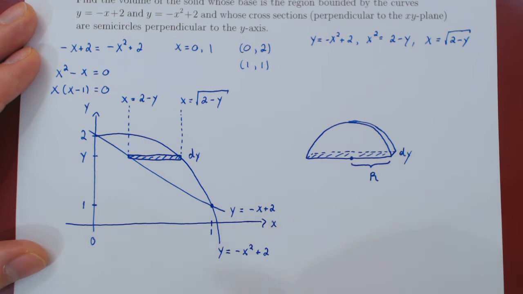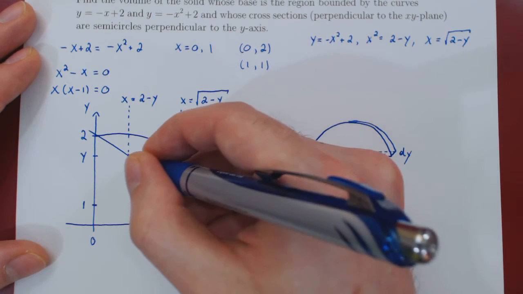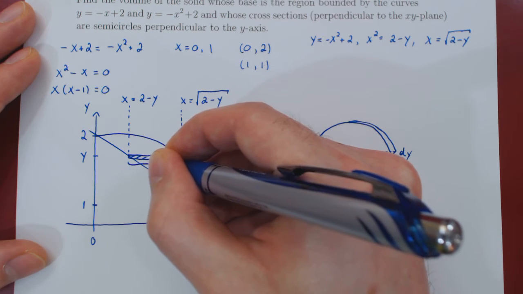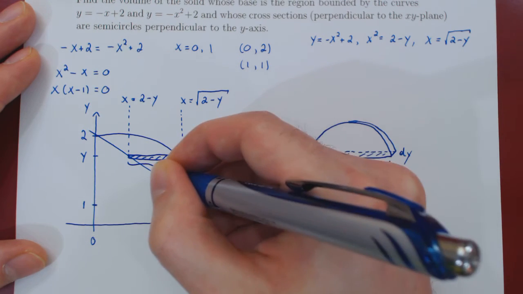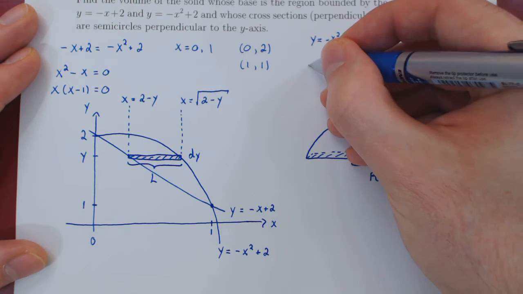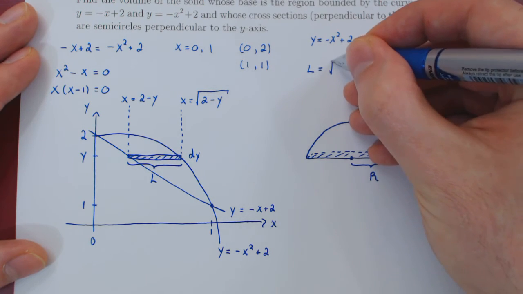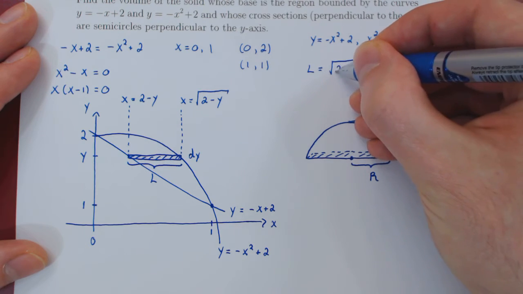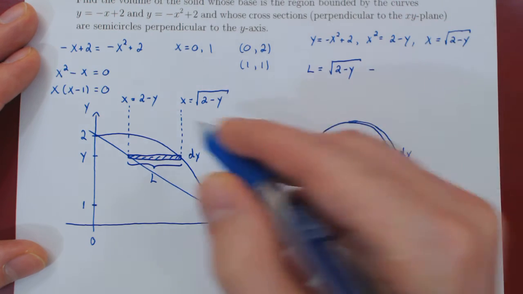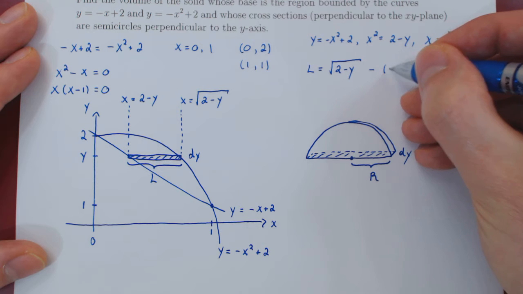So the length of our rectangle will be of course the larger x value minus the smaller x value.